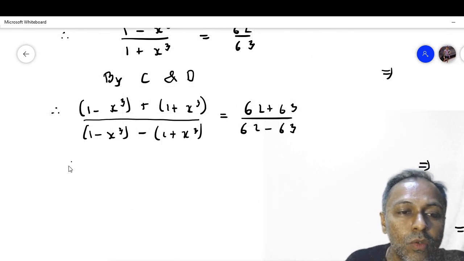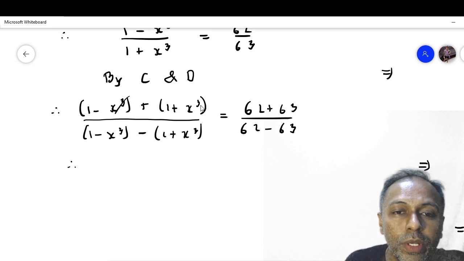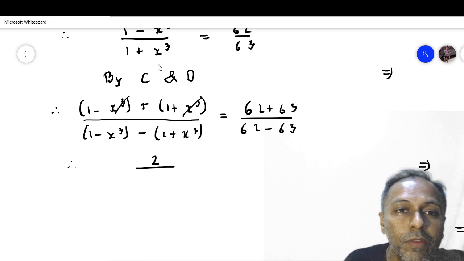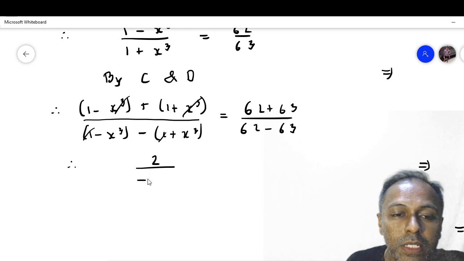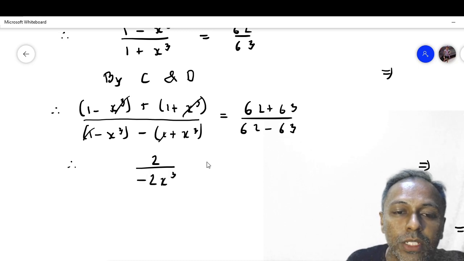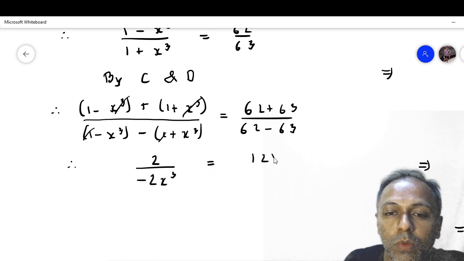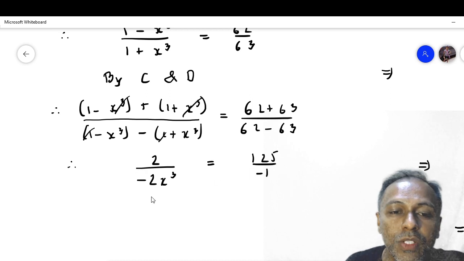This becomes, no doubt 1 and 1 will become 2 here, but please understand the denominator's double will not work. Like x cube will not become 2x cube. You will get minus x cube, minus of plus is minus, so it is minus 2x cube is equal to 125 upon minus 1. 2 is cuttable.